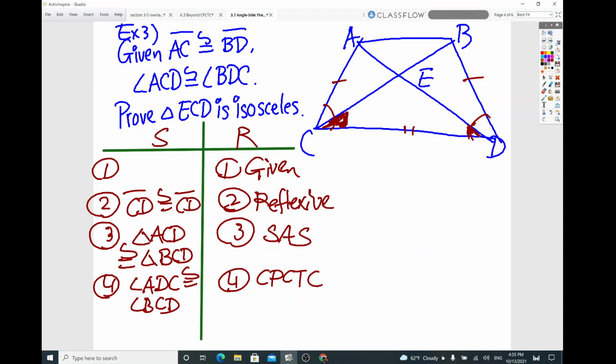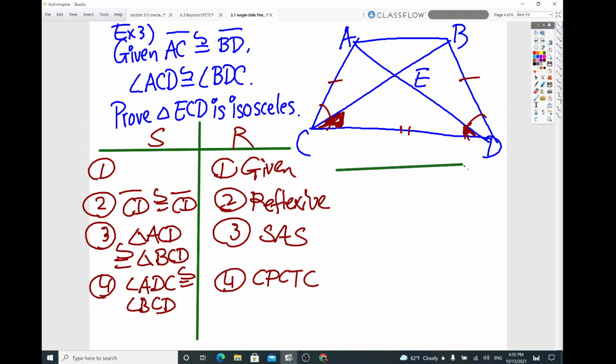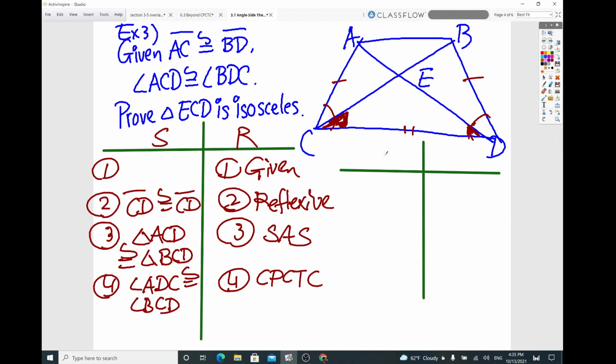another thing we can state next, in the statements and reasons, is that segment EC is congruent to segment ED. And the reason for this one is by using the angle-side theorem.